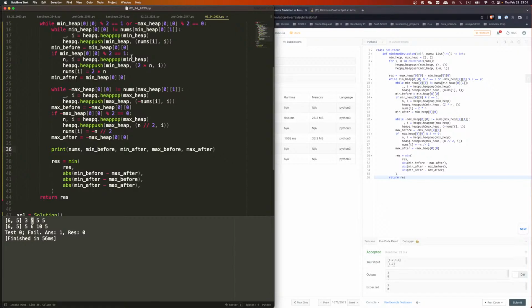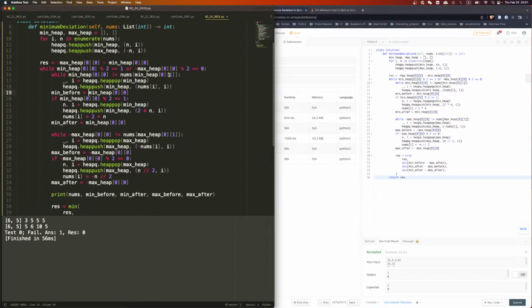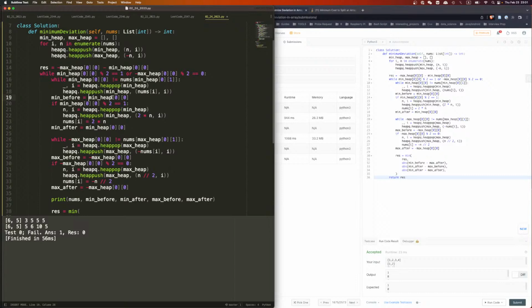So, min before. Min after. Max before. Max after.